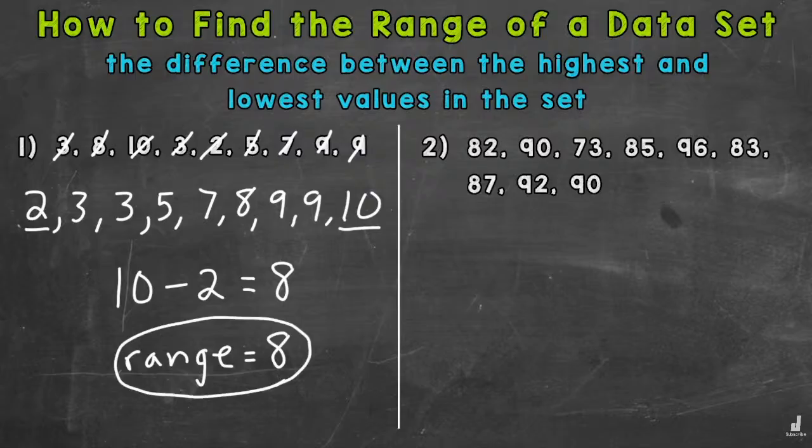Alright, on to number 2 here. Again, this data set is not in order, so let's put it in order from least to greatest. Our least valued number here is 73.